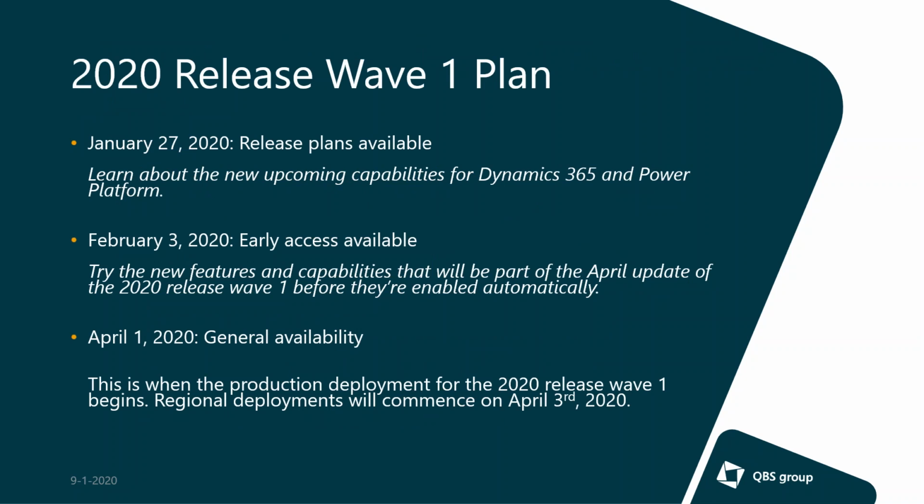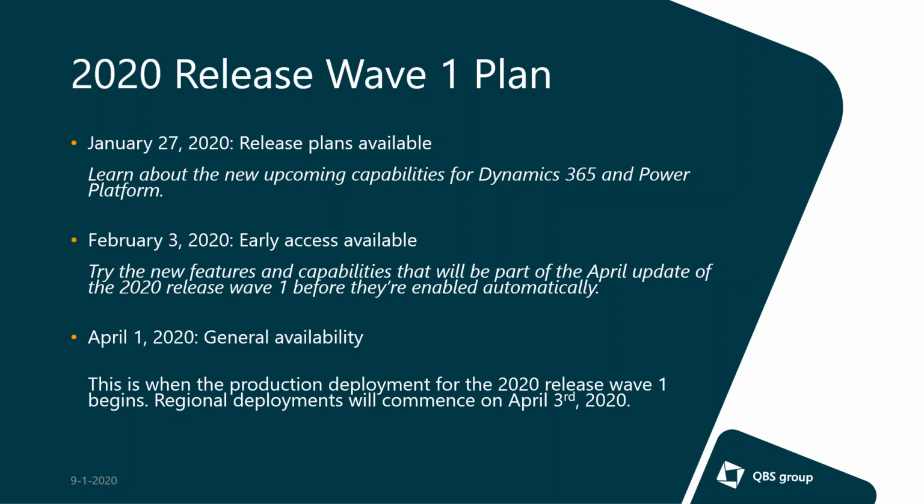Then the 2020 release wave 1 plan. This month, the release plans for Business Central, customer engagement, and the Power Platform will become available. This means that later this month we are able to learn about the new upcoming capabilities for the different Dynamics 365 suites and also the Power Platform.